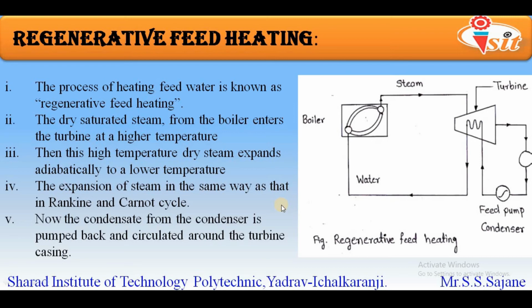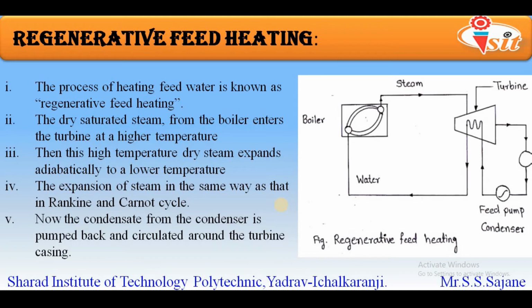Now just try to think why we have done this. If the condensate is allowed to flow over the turbine casing, then during its flow over the turbine casing, the condensate will extract a certain amount of heat from the turbine.